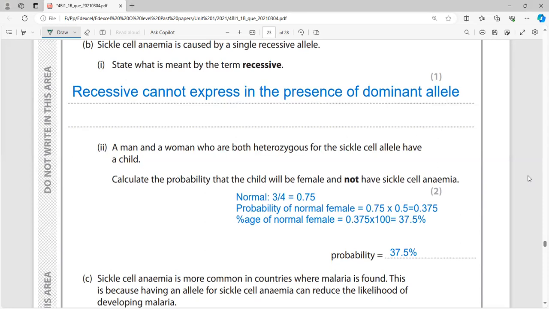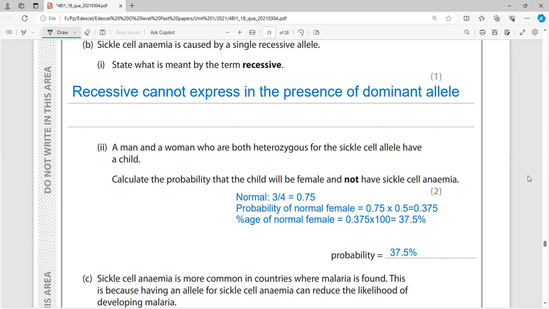Now a man and a woman who are both heterozygous for the sickle cell allele have a child. Calculate the probability that the child will be female and not have sickle cell anemia.